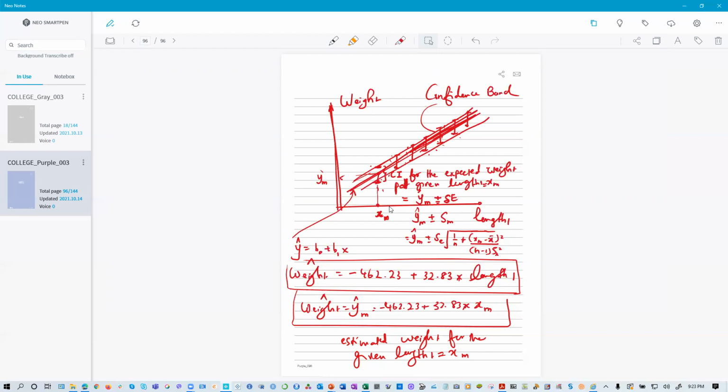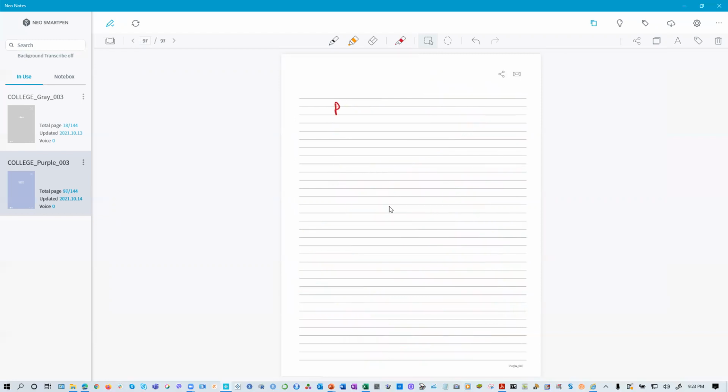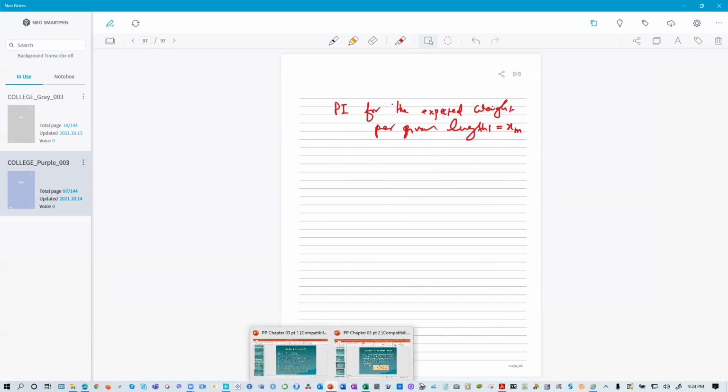In a similar fashion, you can write the prediction interval, PI, for the expected weight per given length equal to, let's say, xm.